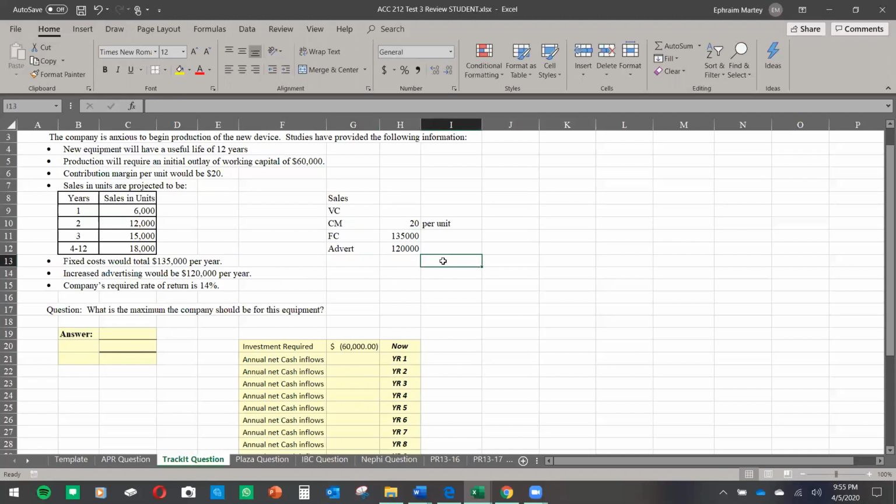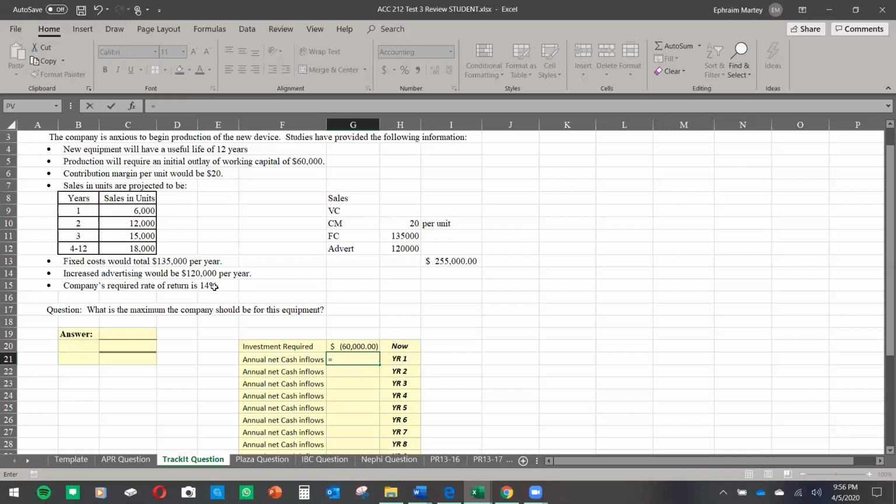So the total cost that will be subtracted from the contribution margin is this plus that, which is 255,000. Now let's find the annual net cash flow for our first year.